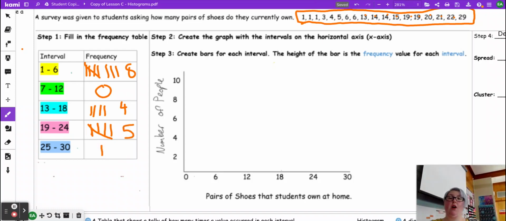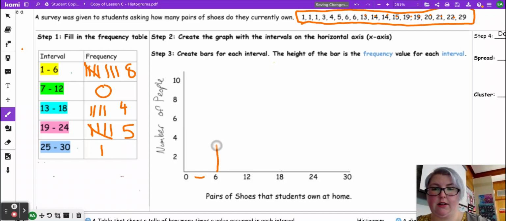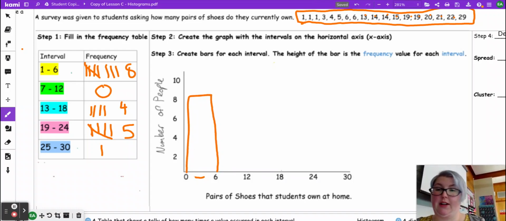Now, from our frequency table, we can create our histogram or dot plot because we have organized the data to make it easy to see. From 0 to 6, we have 8, so we're going to go up to 8. From 7 to 12, we've got 0, so there's going to be nothing there.